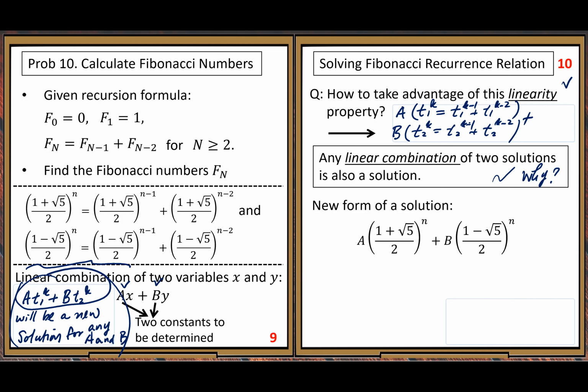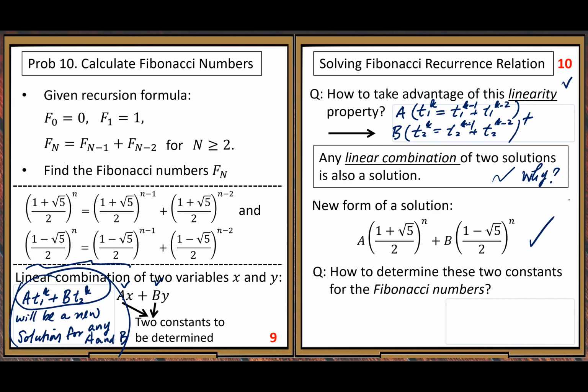Okay, all right. So next, we know our new solution takes this form, but capital A and capital B are undetermined. We need to determine capital A and capital B. So the last thing we need to do is plug in the two base cases, n equals 0 and n equals 1, because these two correspond to the two base cases.